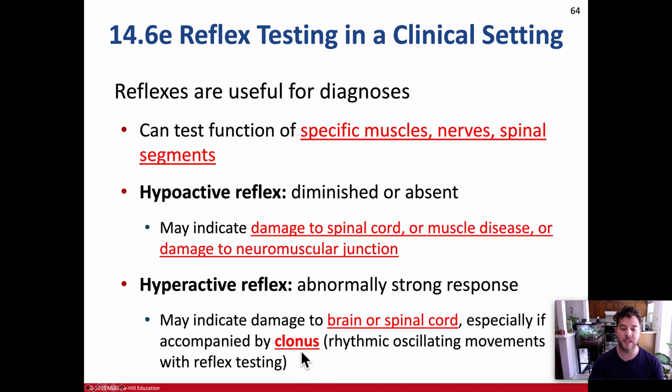Clonus is one of those interesting things. If you look up YouTube videos of clonus, you'll see that when someone has clonus, you hit the reflex, and then their whole arm or their leg will start shaking. It's persistent.